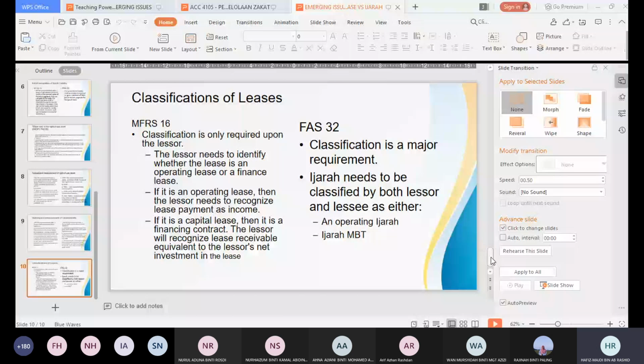When it becomes a finance lease, you will see it as a financing arrangement, so you will not record the underlying asset. But FAS 32 is very clear. You need to classify it as either an operating ijarah, or an ijarah which ends with the transfer of the asset to the lessee, what we call ijarah muntahiyah bitamlik.